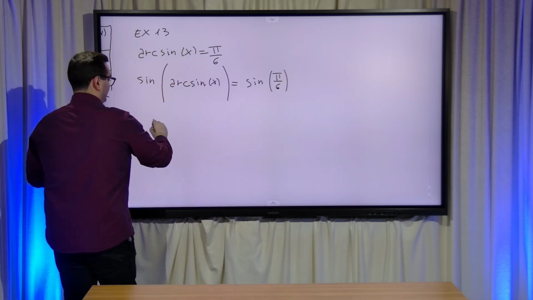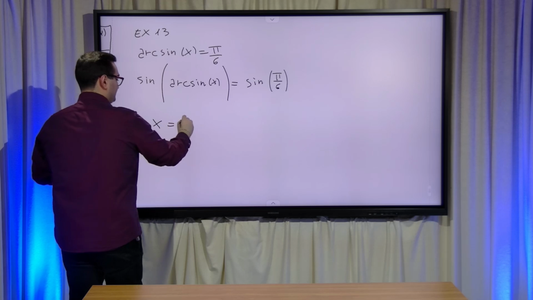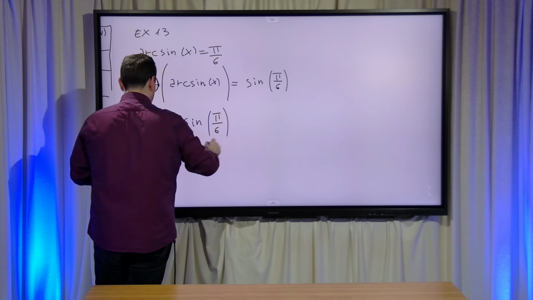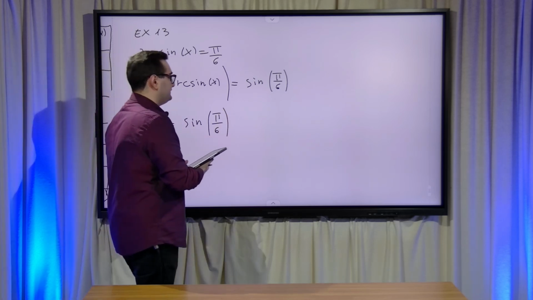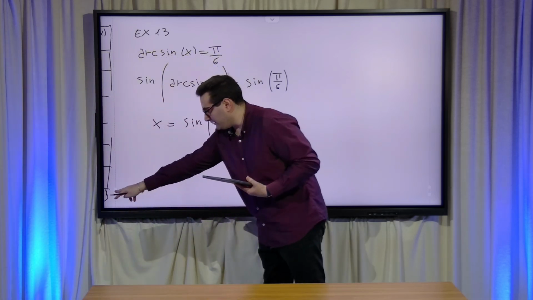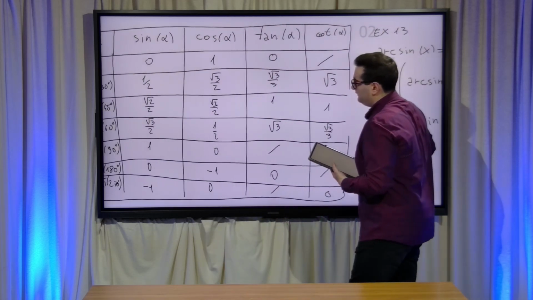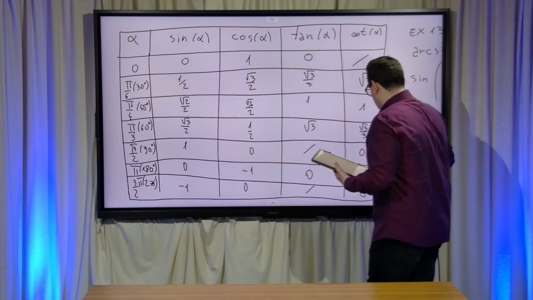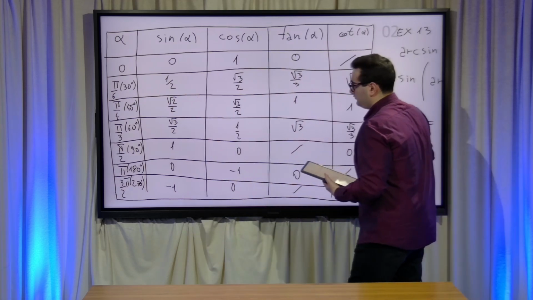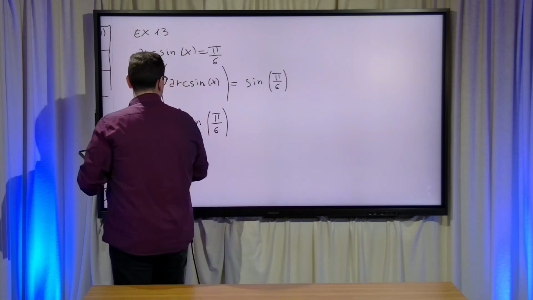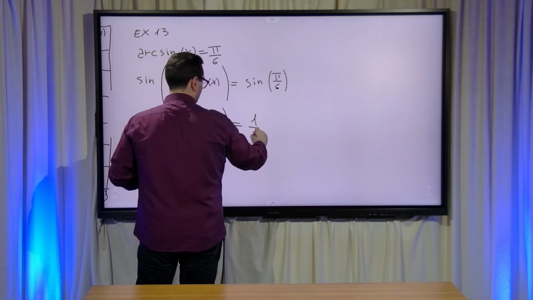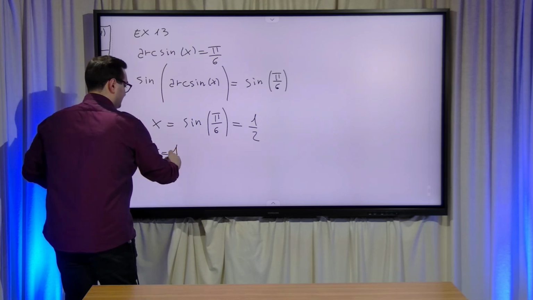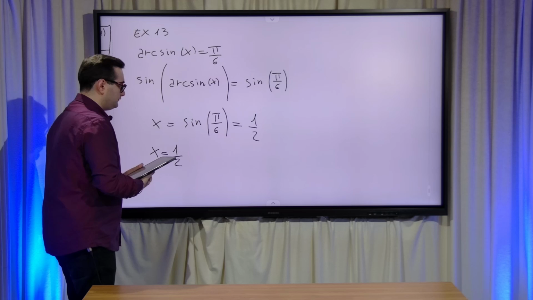Here I get simply x is equal to sine of pi over 6. And let's look again in the table. The sine of pi over 6 is 1/2. So the solution of this equation is simply x equal to 1/2.